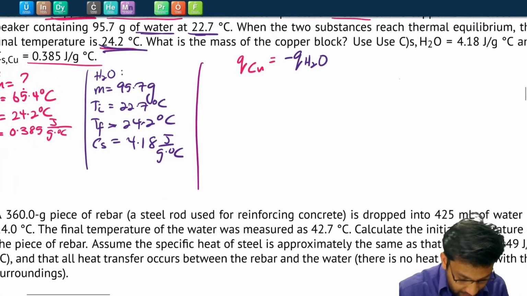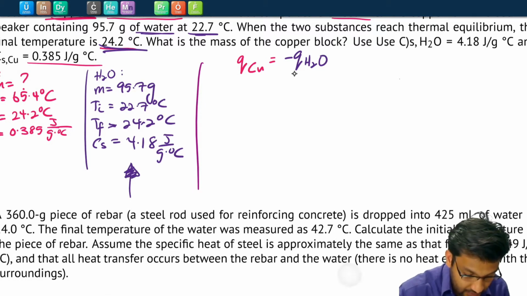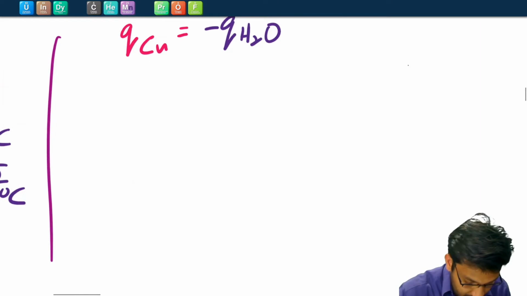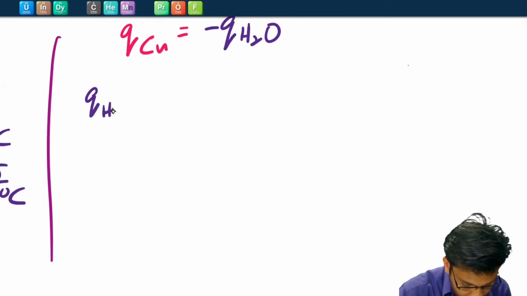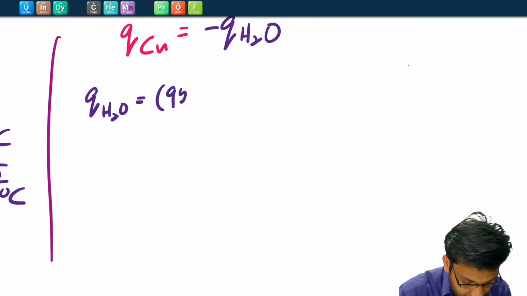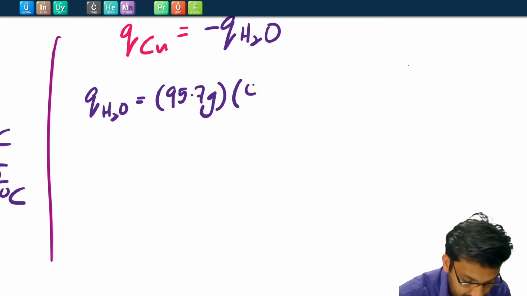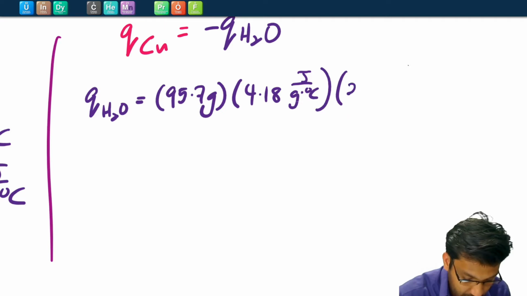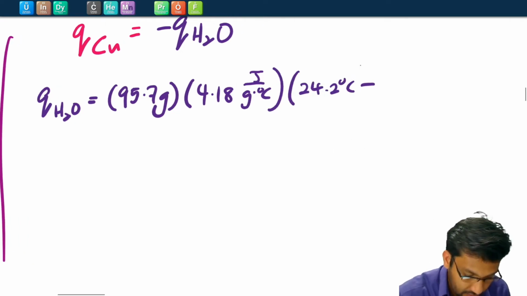So since we have all of the pieces of information for water, let's find the Q for water. The Q for water is going to be equal to the mass, which is 95.7 grams, times the specific heat capacity, 4.18 joules per gram per degree Celsius, times the temperature change, which is 24.2 degrees Celsius minus 22.7 degrees Celsius.